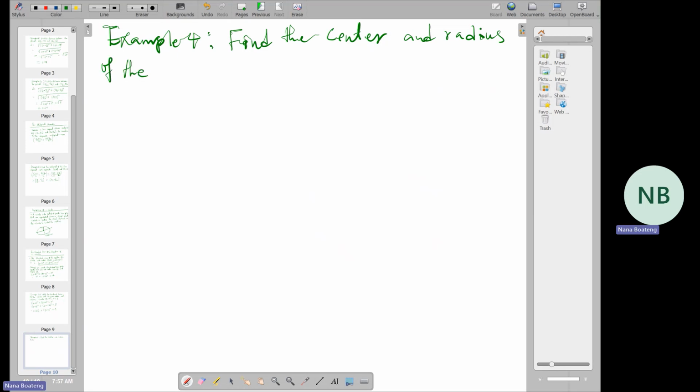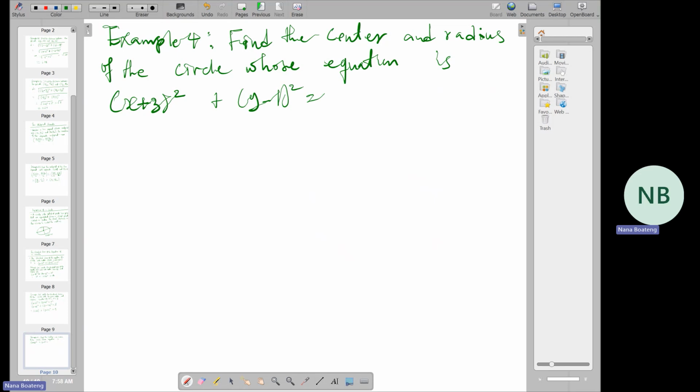The equation is x plus 3 squared plus y minus 1 squared is equal to 4.